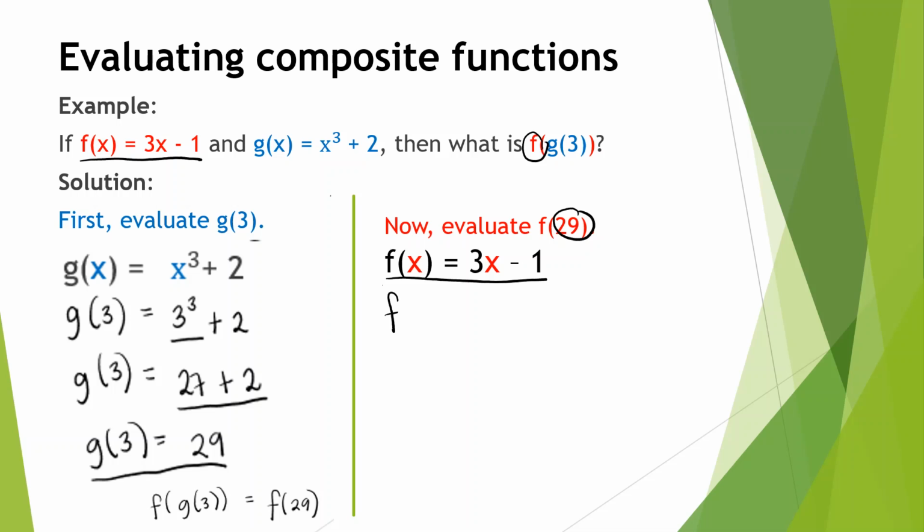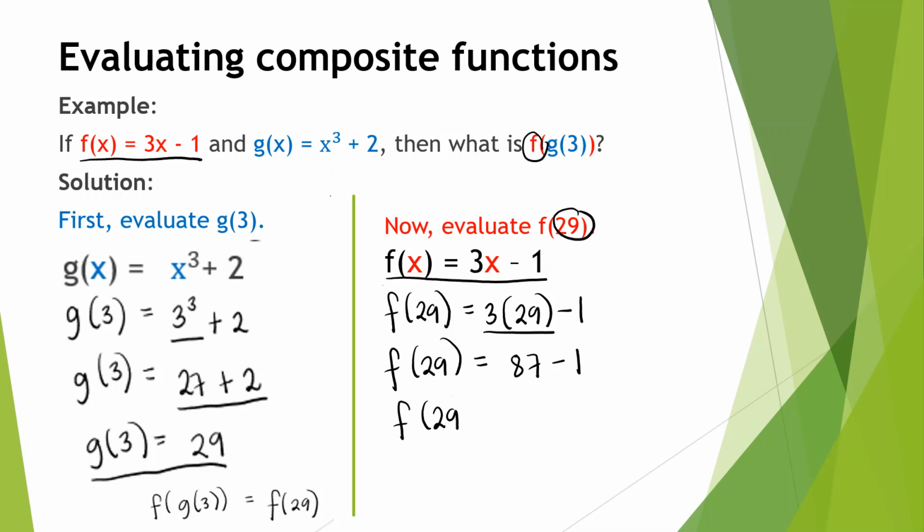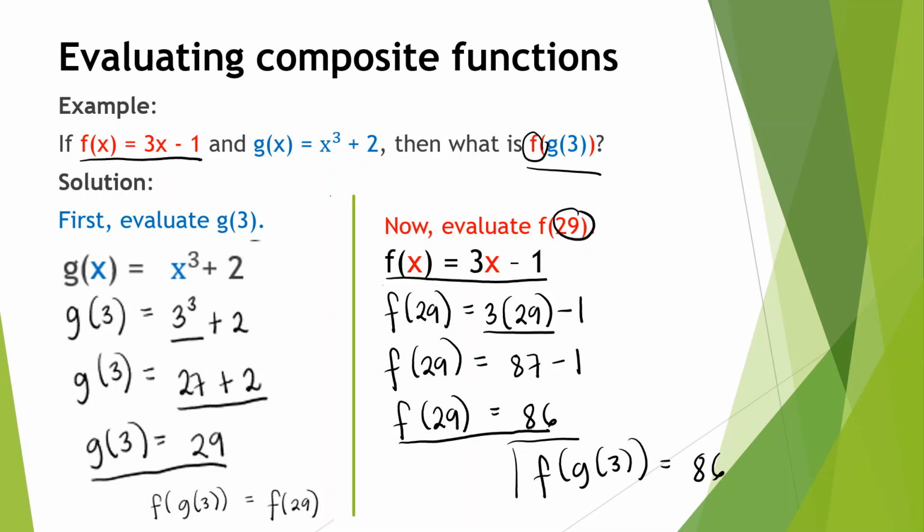This will become f of 29 is equal to 3 times 29 minus 1. 3 times 29 is 87, minus 1. F of 29 is equal to 86. Therefore, f of g of 3 is equal to 86.